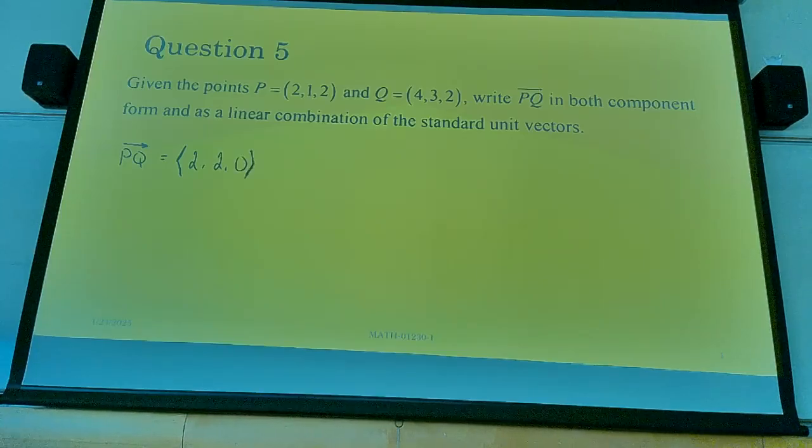I agree, 2, 2, 0. And 4 minus 2, 3 minus 1, 2 minus 2.